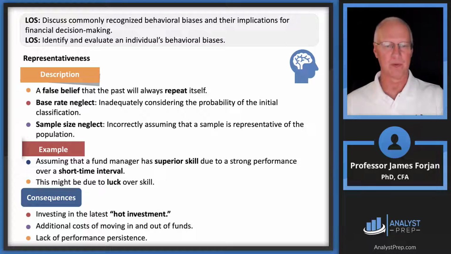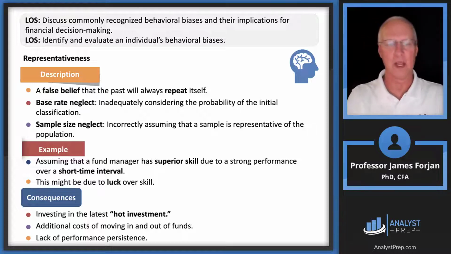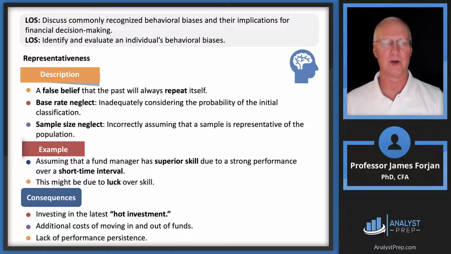So look at the examples here. The superior skill due to a strong performance just over a short time period leads that fund manager to think, oh well, I can repeat myself. Or if we observe some kind of awesome Jensen's alpha over the short term for a fund manager, then we say, oh man, that individual did awesome. They're going to continue to do that.